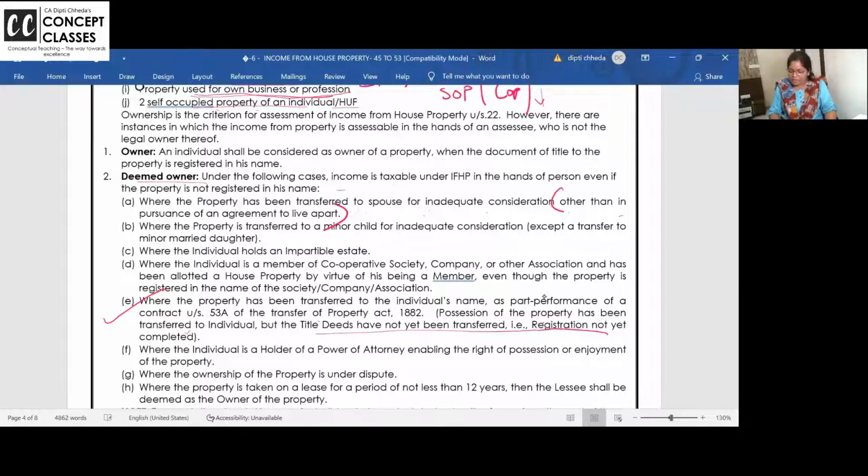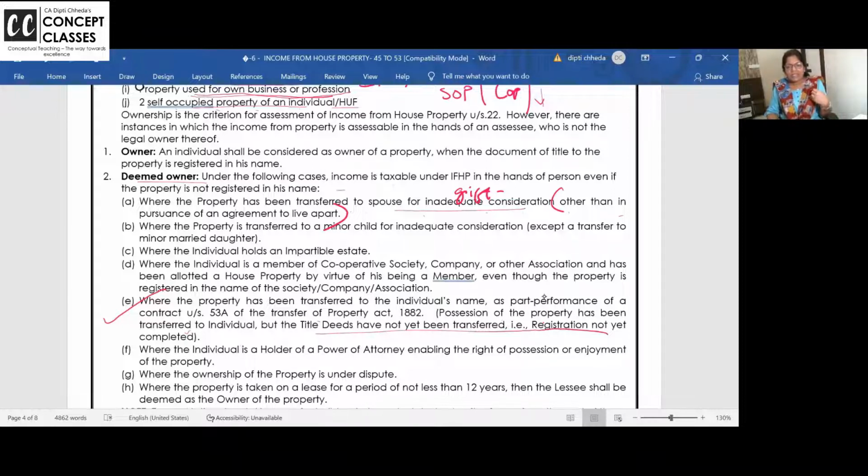When the property has been transferred to spouse for inadequate consideration, you can write gift. Husband has gifted the property to wife. In income tax, the husband-wife relationship is called spouse. So I gifted the property to my spouse. Obviously, gifts are given out of love and affection, without any consideration.